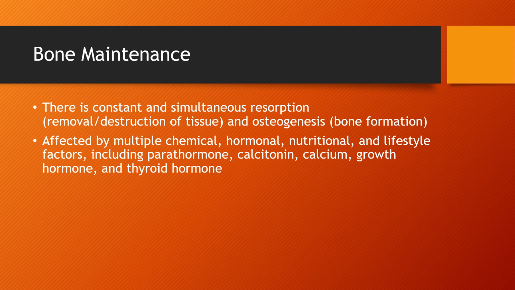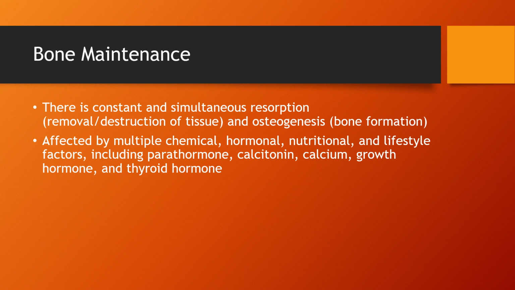Bone is a dynamic tissue in a constant state of turnover. During childhood, bones grow and form by a process called modeling. By early adulthood, such as in the early 20s, remodeling is the primary process that occurs. Remodeling maintains bone structure and function through simultaneous resorption, which is removal or destruction of tissue, and osteogenesis, which is bone formation.